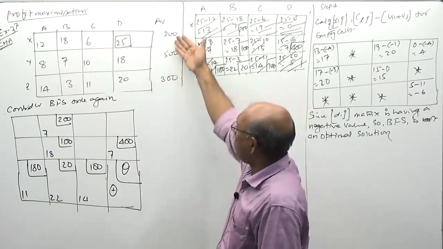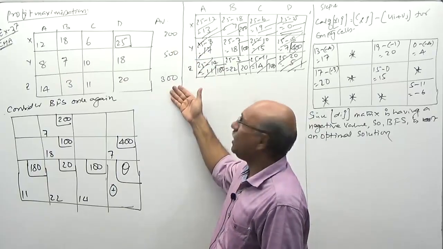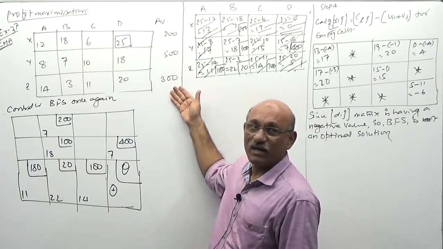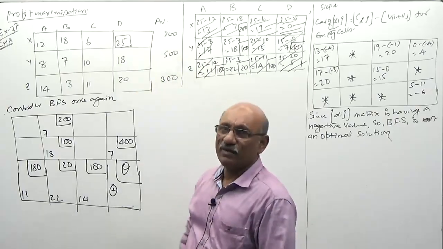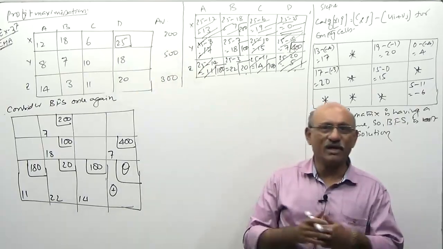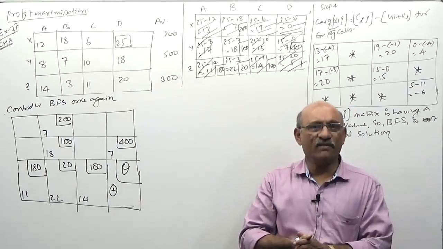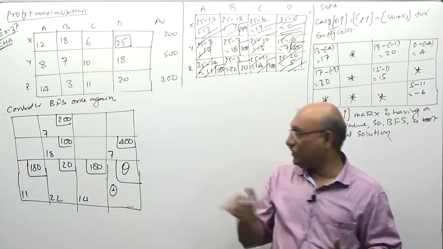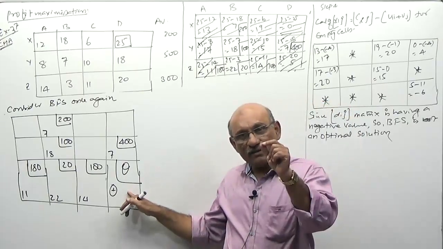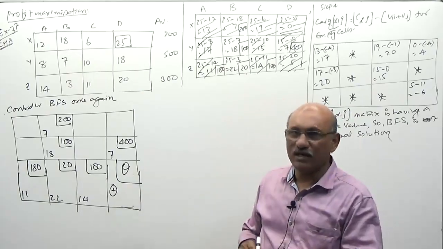This is the availability at these three warehouses. 1000 is the total availability, and for these four markets 1000 is the requirement. Excess availability is not there, excess requirement is also not there anywhere. So when I am shifting some units here, I have to take care without disturbing the demand and supply condition.